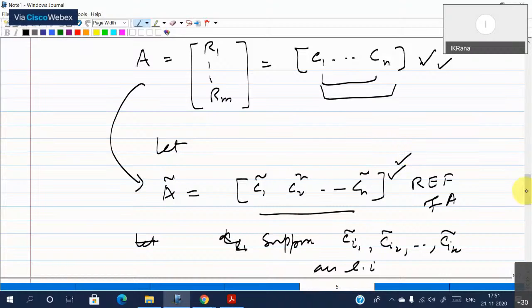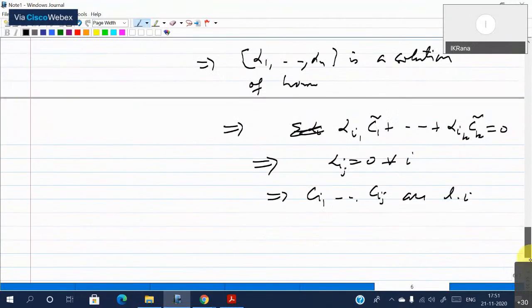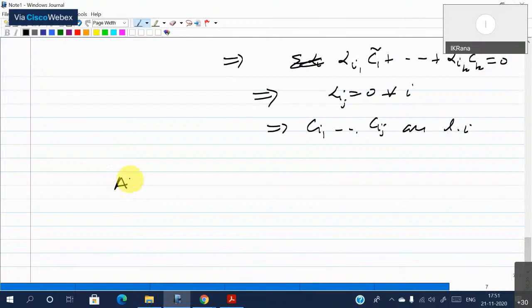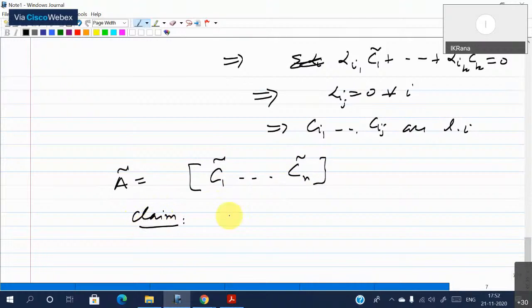Here is a second observation about the row echelon form. So let us write A tilde. We had the row echelon form with columns C1 tilde, Cn tilde. These are the columns of A tilde. Now the claim is about the pivotal columns.